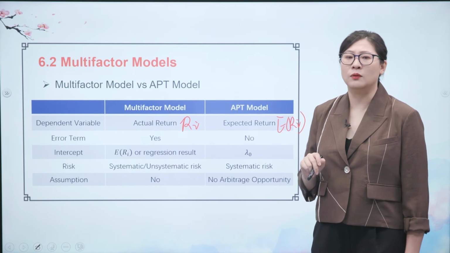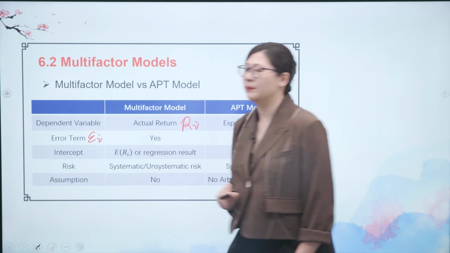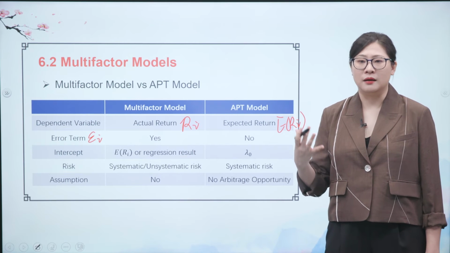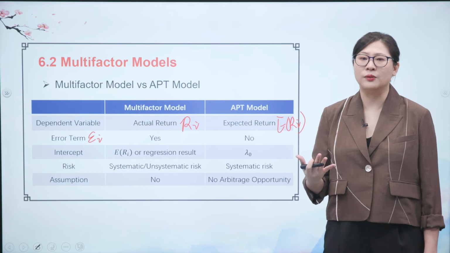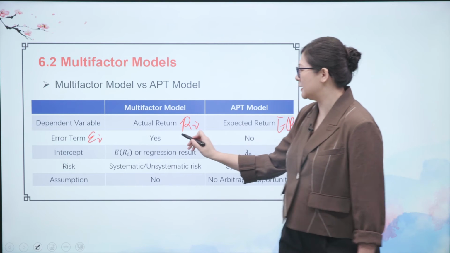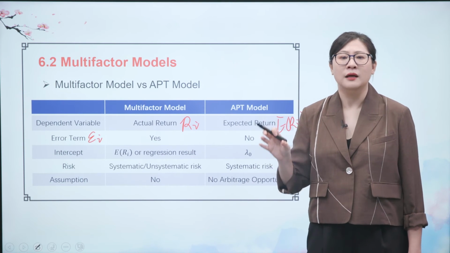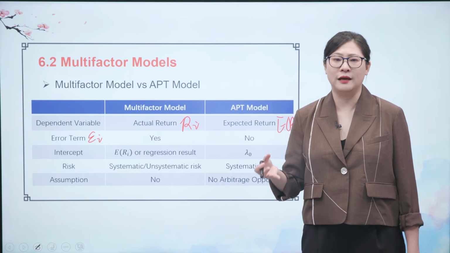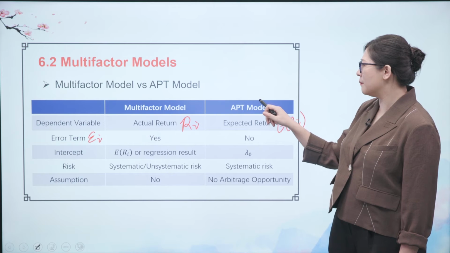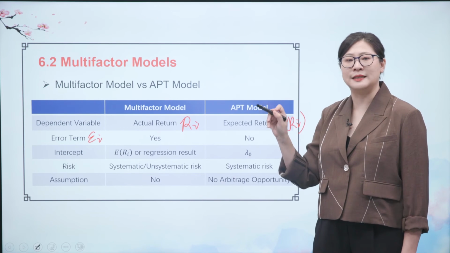The second one is the error term, epsilon_i. For the multi-factor model, especially the macroeconomic factor model, we definitely have the epsilon_i, which denotes the firm-specific risk surprise. For the APT model, we don't include this error term.